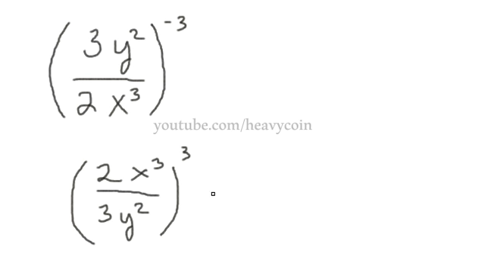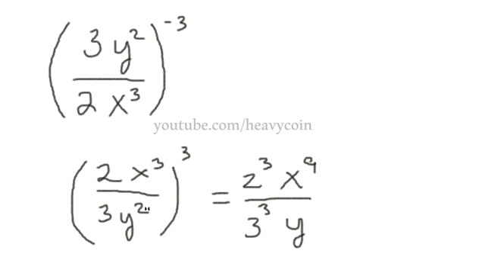Okay? Now what we're going to do is take 2 raised to the third. It's x, you multiply exponents, so this becomes x to the ninth over 3 raised to the third. And this is 2 times 3, which is 6.